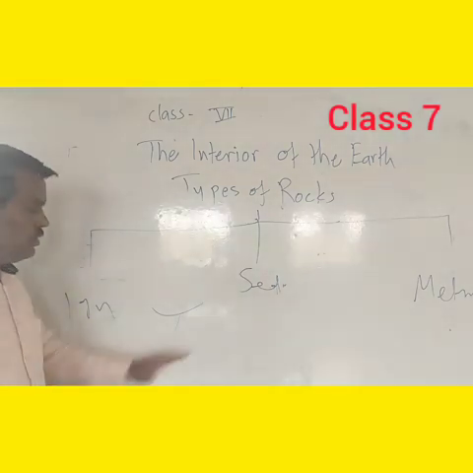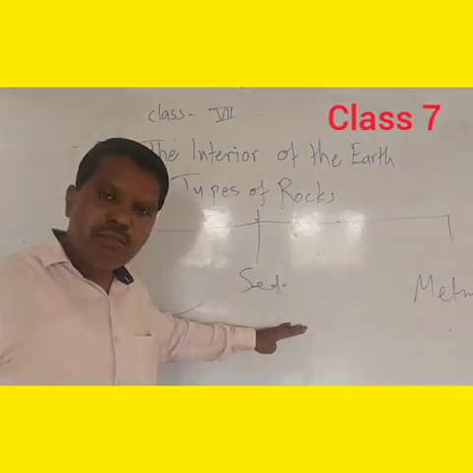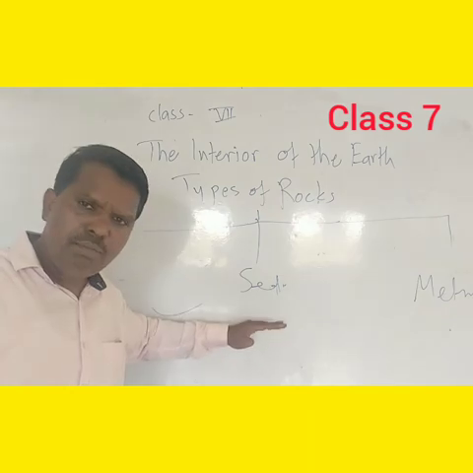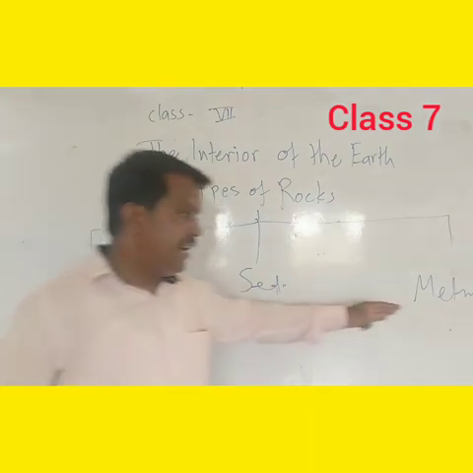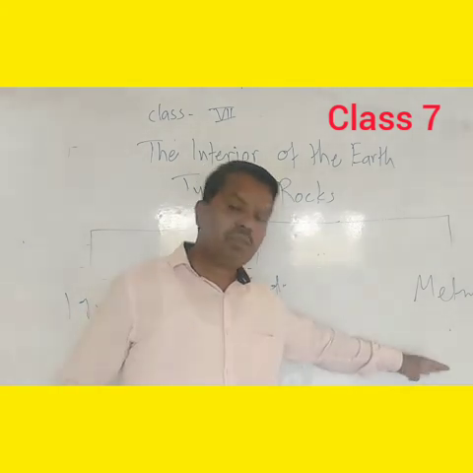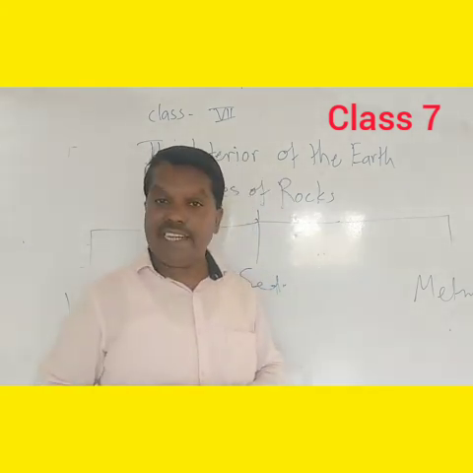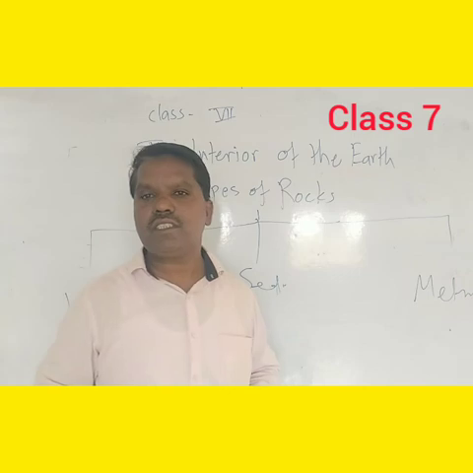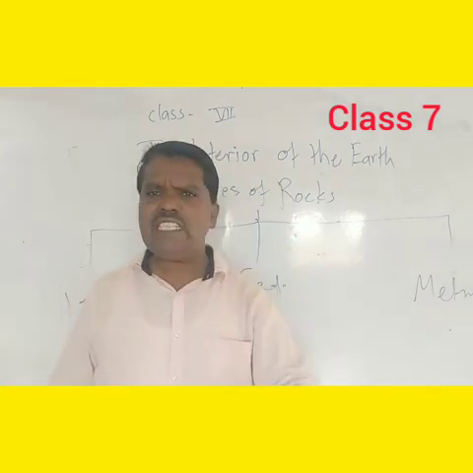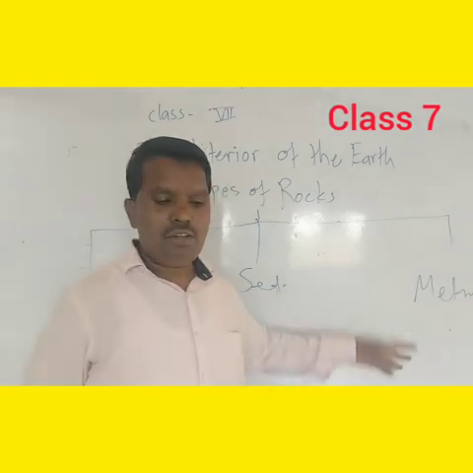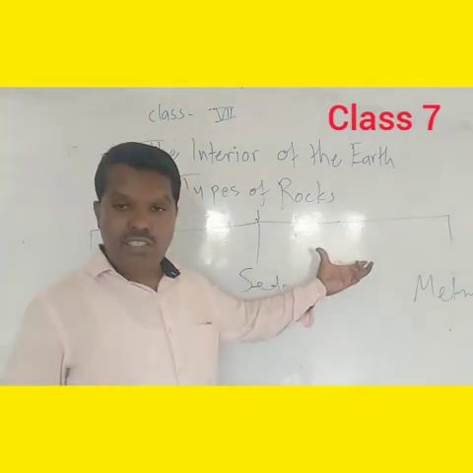Write about that. Write how sedimentary rocks become, whatever you understand yourself. Write the rock names, and for metamorphic also write the rock names, and I guarantee the result will come 100%. You will not get confused. You will understand this geography very easily, and you will understand the types of rocks like that.